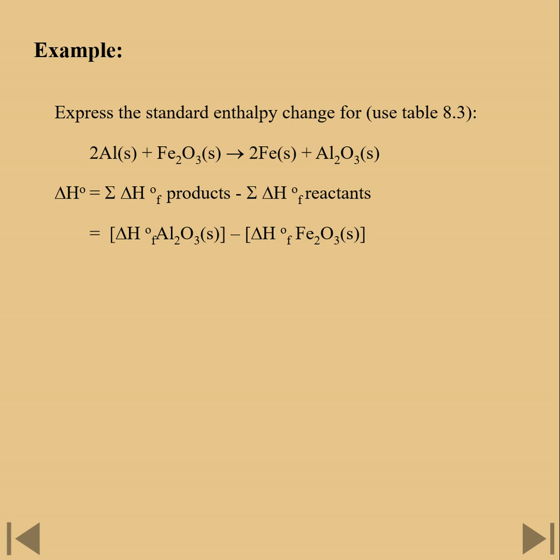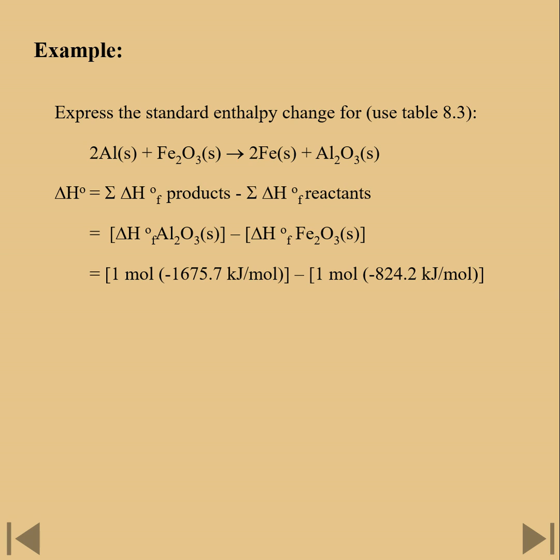Any element in its most standard state, its most stable state, is going to have a standard heat of formation of 0. That should make a lot of sense since it's where you finish minus where you began. And there's just one of these. If there was 2, we'd have to take that into account. So don't forget, those coefficients are now going to show up.